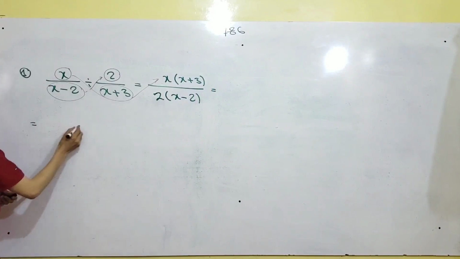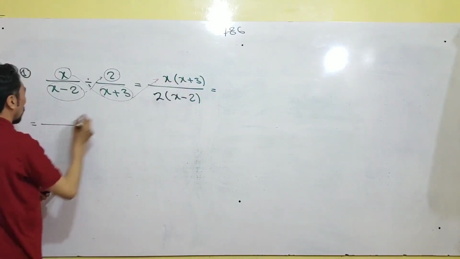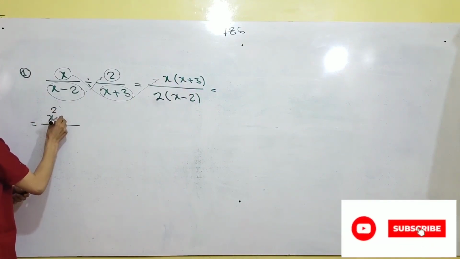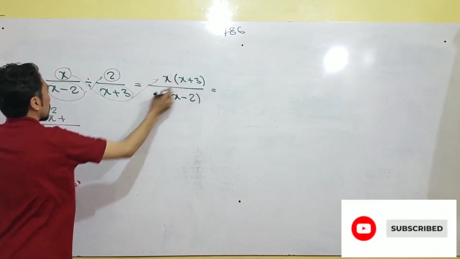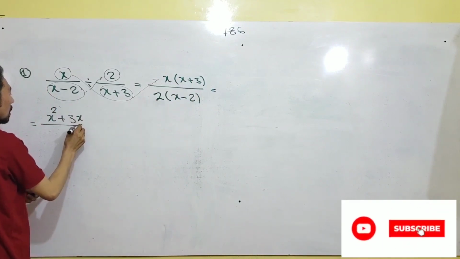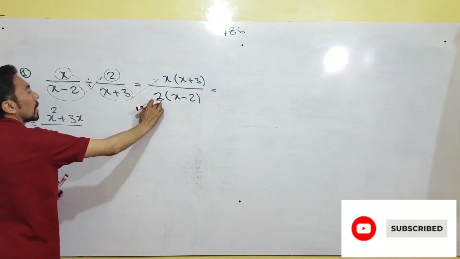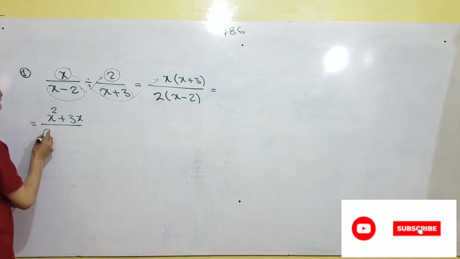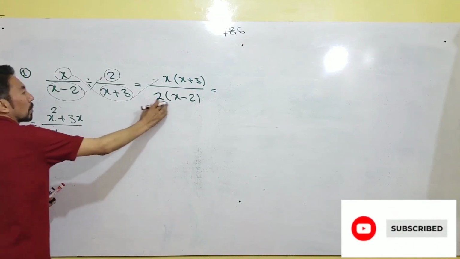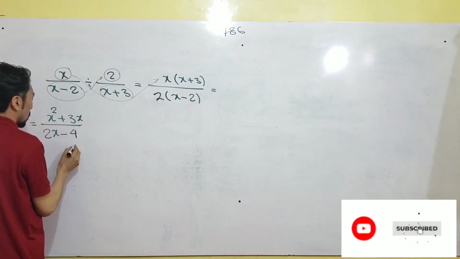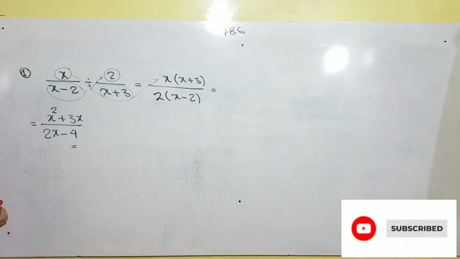Then we multiply x multiplied by x, x squared, plus x multiplied by 3, 3x, over here 2 multiplied by x, 2x, minus 2 multiplied by 2 is 4. So this is the answer of the example.